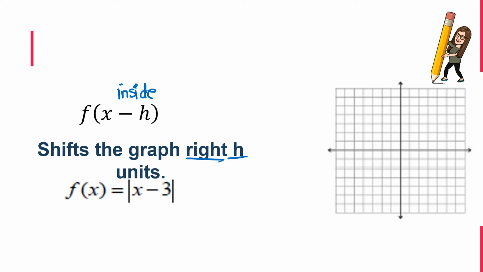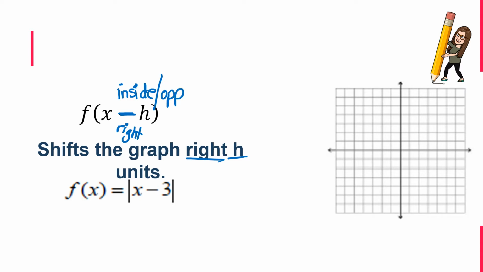Oof, this is tough. The negative implies right. That's the opposite of what our brain wants to think, right? So if it's inside, it's always the opposite of what you think.